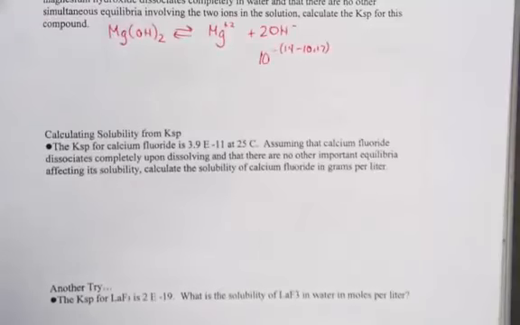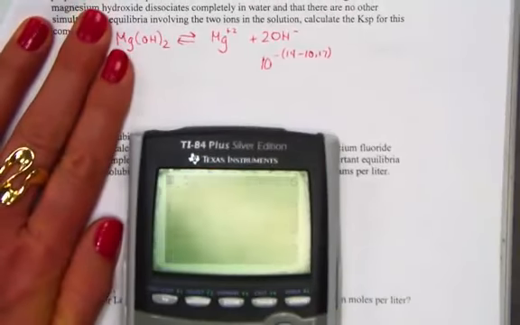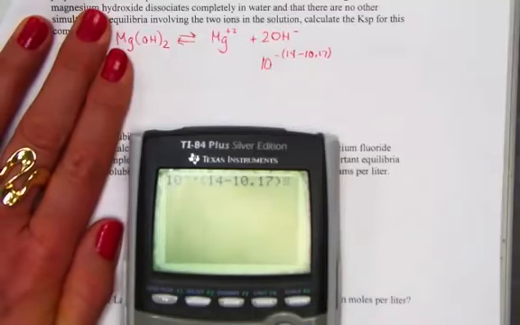Let's begin by finding the concentration of hydroxide: 10 raised to the negative 14 minus the pH to pull out hydroxide. 10 raised to the negative 14 minus 10.17 flips the pH into the POH for our solution.